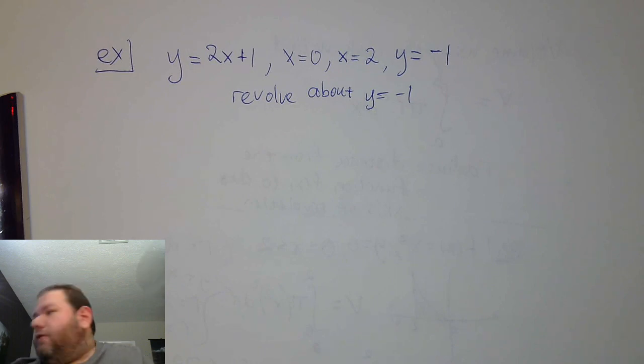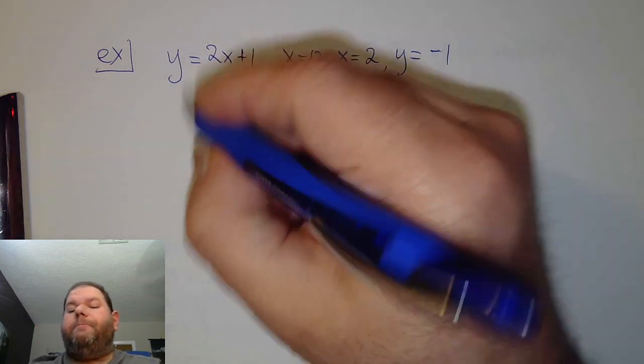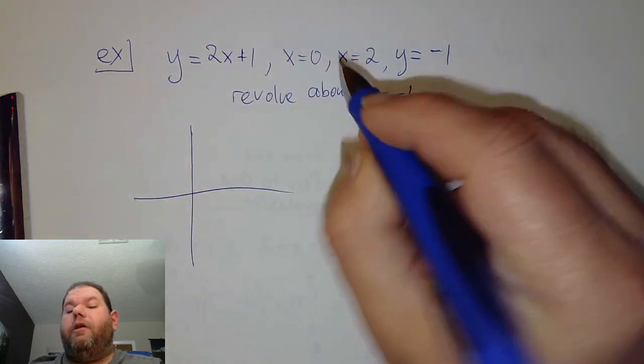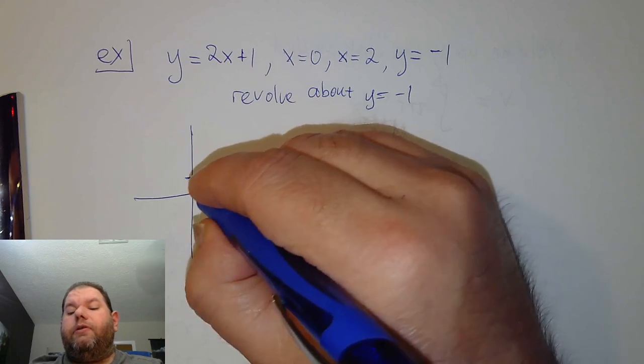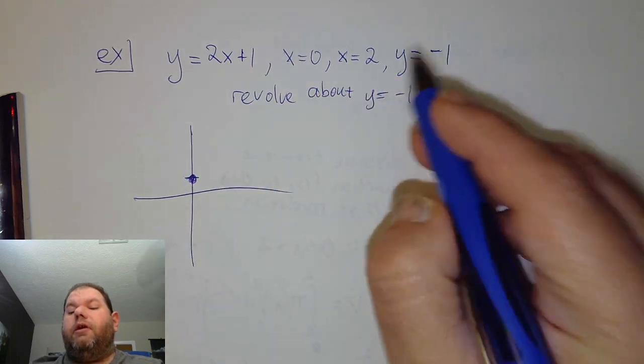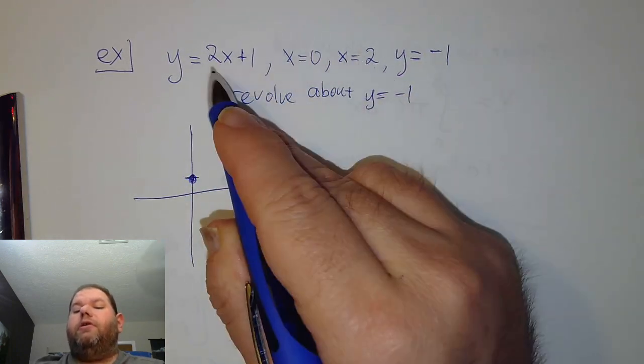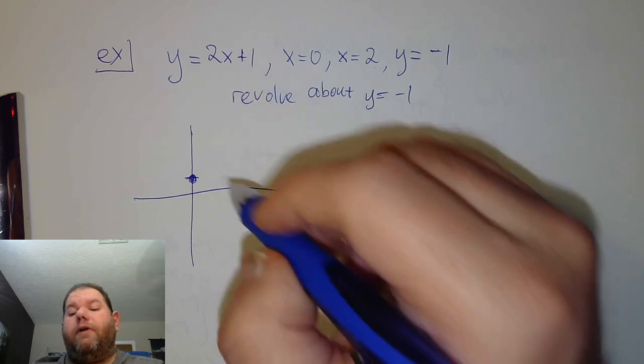Now, in this case, we have linear functions for everything, so it's relatively easy to graph. At x equals 0, 2 times 0 plus 1 is 1. And at x equals 2, 2 times 2 plus 1 is 5.